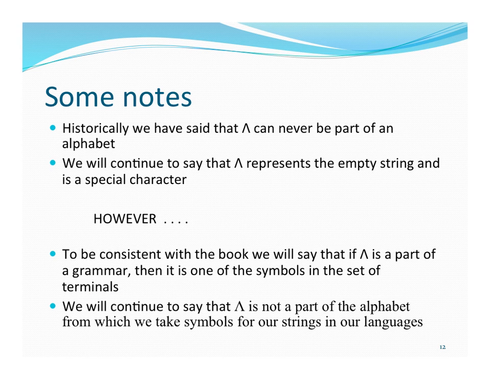So generally our terminals are just letters of the alphabet, but our terminals may also include lambda. All right, so just this final line will continue to say that lambda is not a part of our alphabet from which we take symbols for our strings in our languages, but lambda can be one of the symbols in our set of terminals.